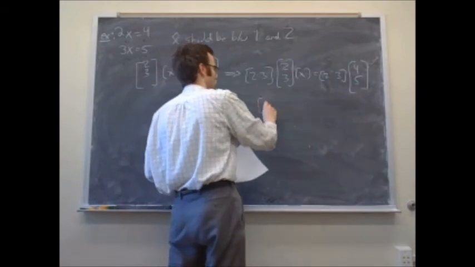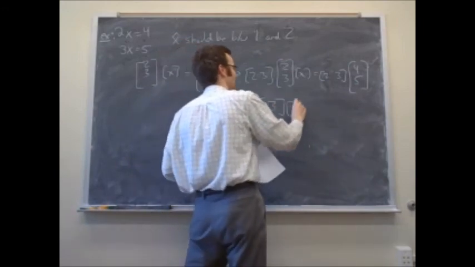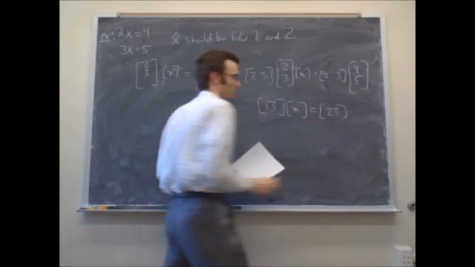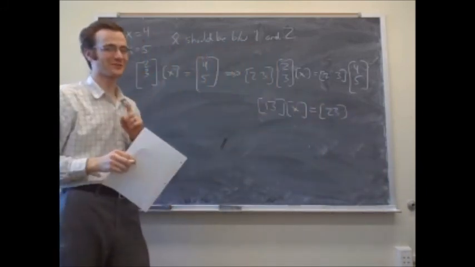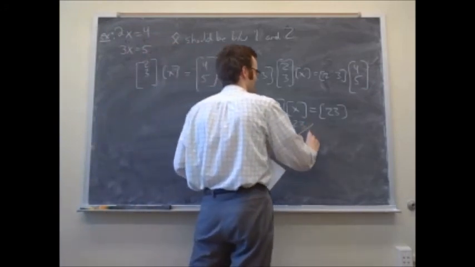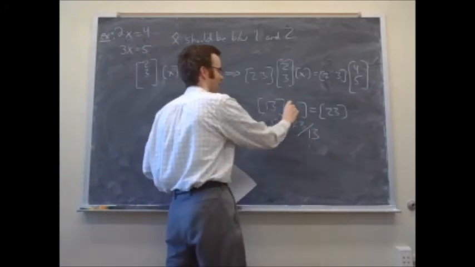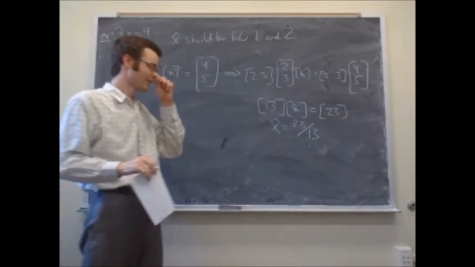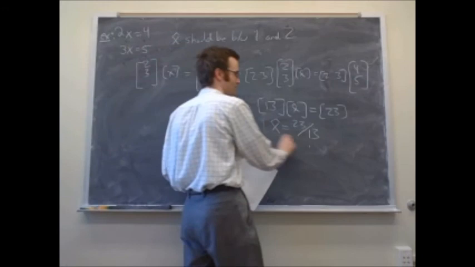We solve this, we get 13x equals 23. These are 1-by-1 matrices, which are really easy to solve. So x equals 23/13, or x hat, if you will. And this is our solution.